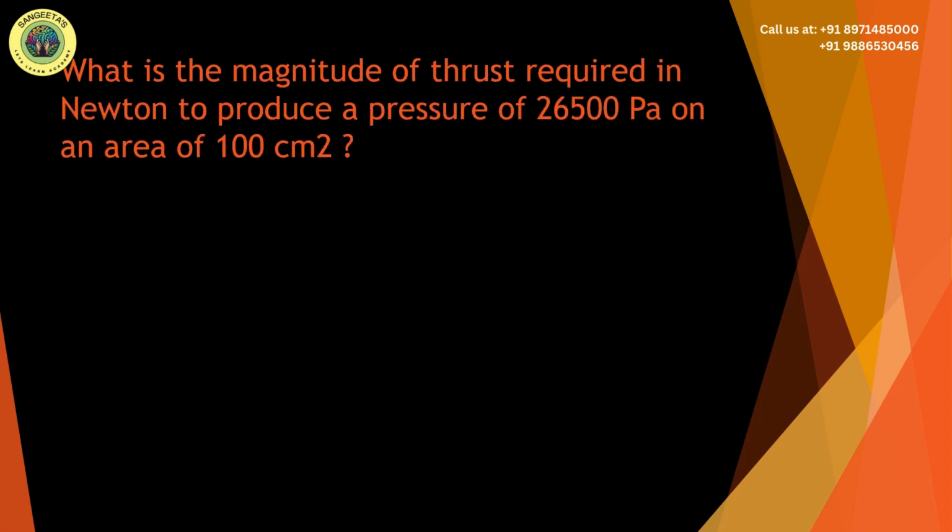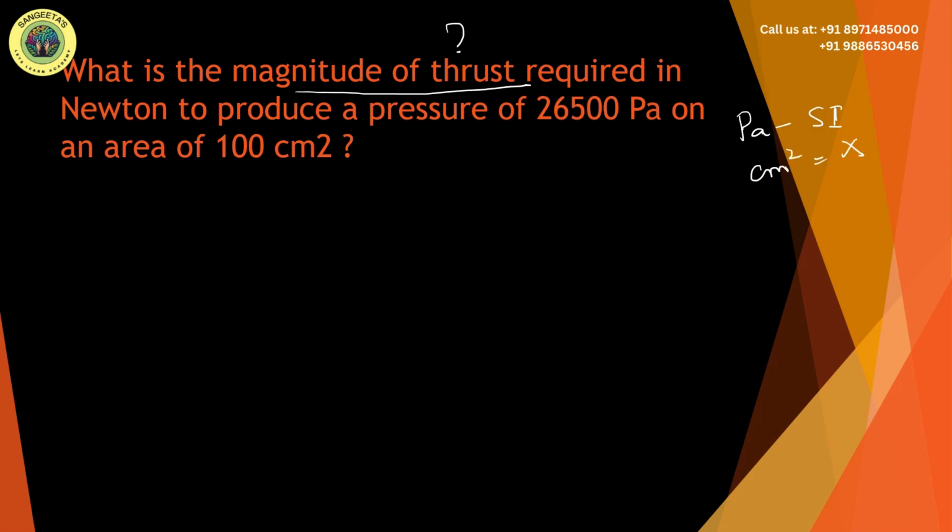They're asking you what is the magnitude of thrust. That is the question mark. It is required in Newton to produce a pressure of this many Pascal on an area of this many centimeter square. Now Pascal is an SI unit, but centimeter square is not an SI unit.